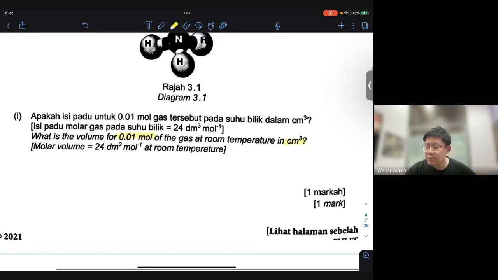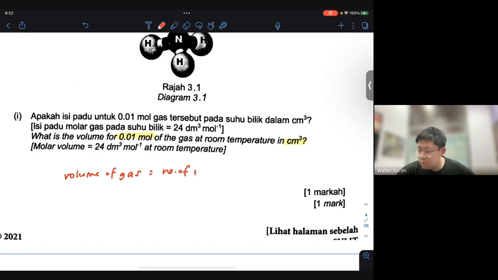So over here, we have 0.01 mole of gas at room temperature and pressure. So the volume of gas is very simple. So volume of gas will be equivalent to number of mole multiplied by molar volume. So that would be 0.01 mole multiplied by 24 dm cube.